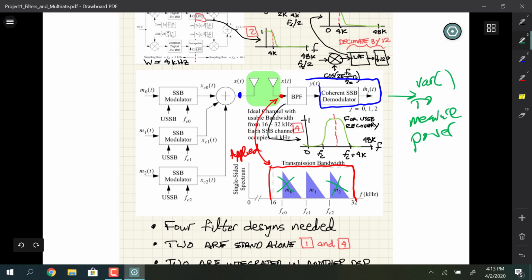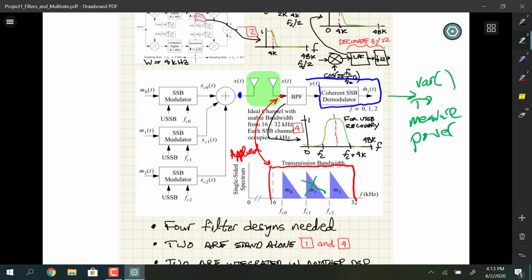So you measure power of the desired signal, and that's with M1 turned on. Then you come along and say, okay, now I'm going to turn M0 and M2 back on, but I'm going to turn M1 off. So I'm going to measure power a second time.